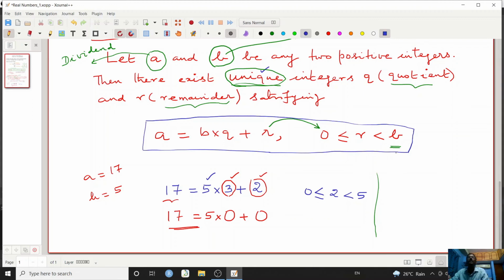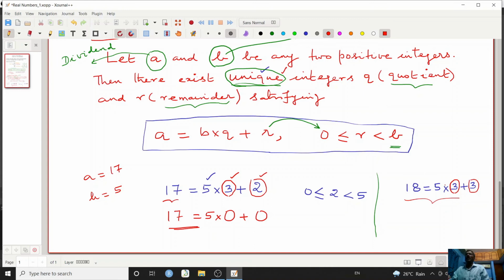Suppose our dividend is 18 and the divisor is 5, then the quotient is going to be 3 and the remainder is going to be 3. So this pair, 3 and 3, is going to be unique. They are unique integers satisfying this condition.